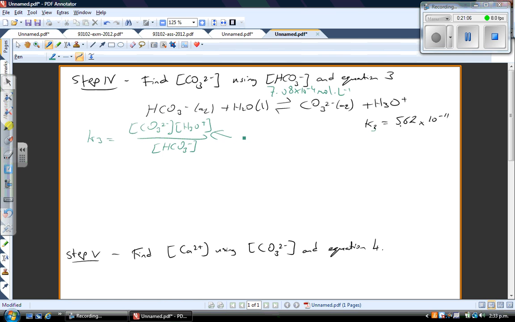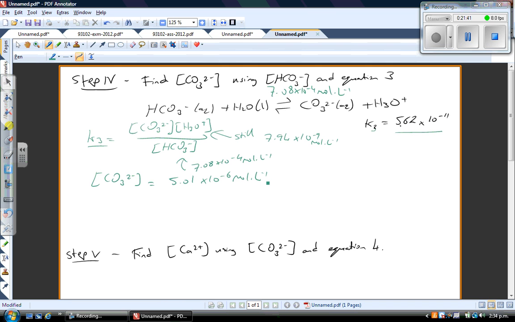The concentration of this is still 7.94 by 10 to the minus 9 moles per liter, like we just worked out in step number 3. So the pH of the solution is assumed to be still 8.10. The concentration we just said of the hydrogen carbonate was 7.08 by 10 to the minus 4 moles per liter. And the K3 value is right there. So if you put all those numbers in, you get a concentration of carbonate ions equal to 5.01 by 10 to the minus 6 moles per liter.